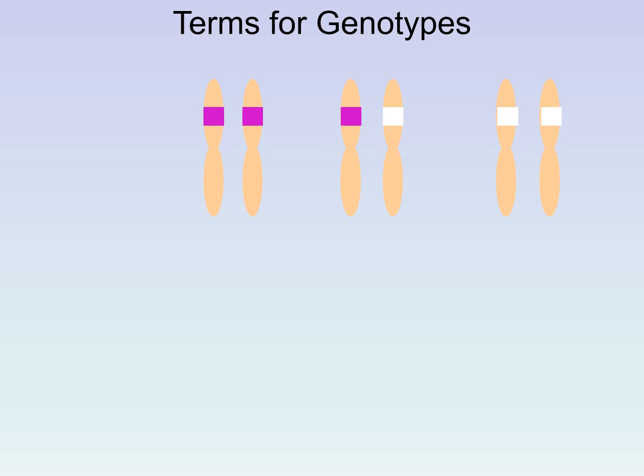If you have 2 dominant alleles, you are called homozygous dominant. If you have 2 recessive alleles, you are called homozygous recessive. If you have 1 dominant and 1 recessive, you are called heterozygous. These are the terms that we use when describing an individual. If you are ever asked for a genotype on a question, these 3 terms are how you answer.